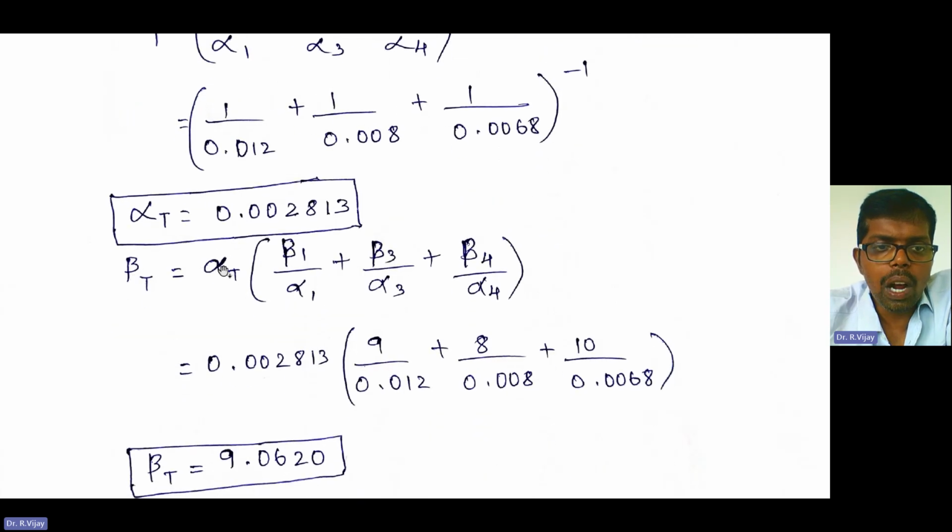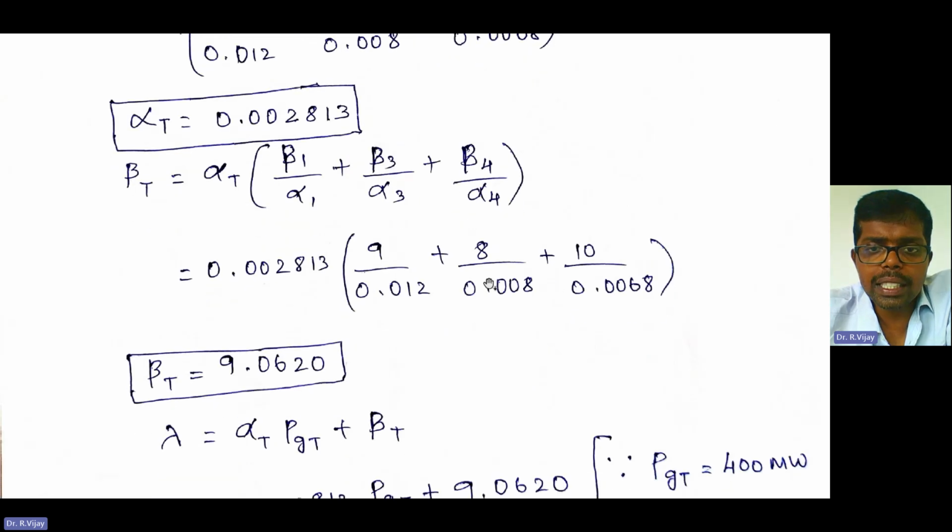Similarly, beta t is equal to alpha t into beta1/alpha1 plus beta3/alpha3 plus beta4/alpha4. Here also we are neglecting the second term, beta2/alpha2, because we already fixed it.